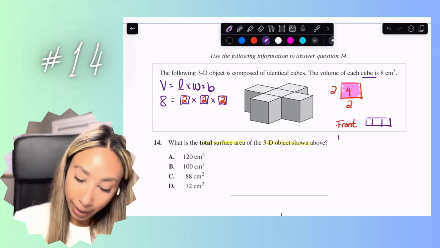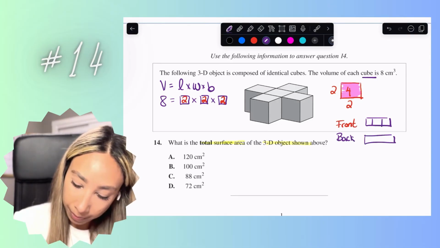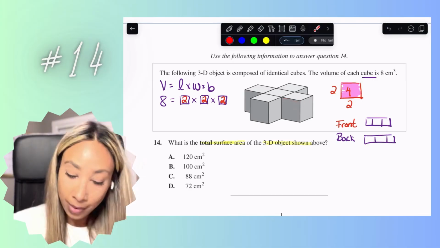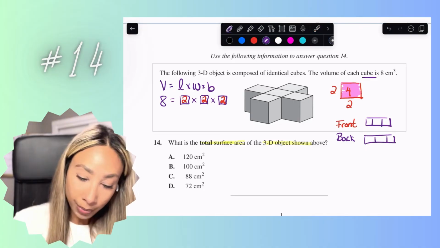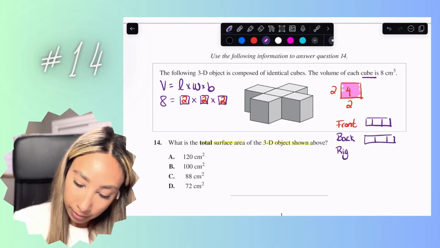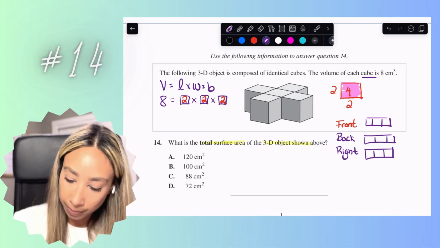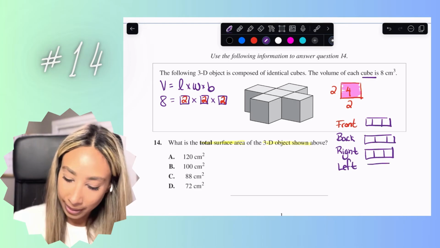I also know for the back, I'm also gonna have another 3. And that makes sense, right? So even though this portion is sticking out, if I were to rotate it, I would see 3. And same thing with the back. Now on the right, that's like the side that we can see. Again, we know we've got 3 as well. And then with the left, same idea.